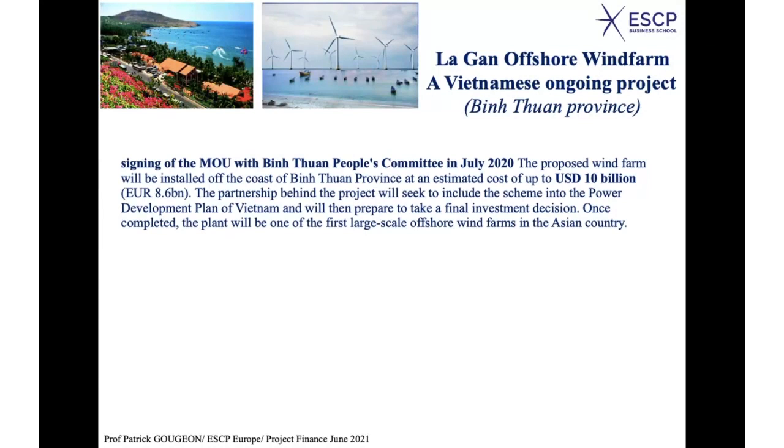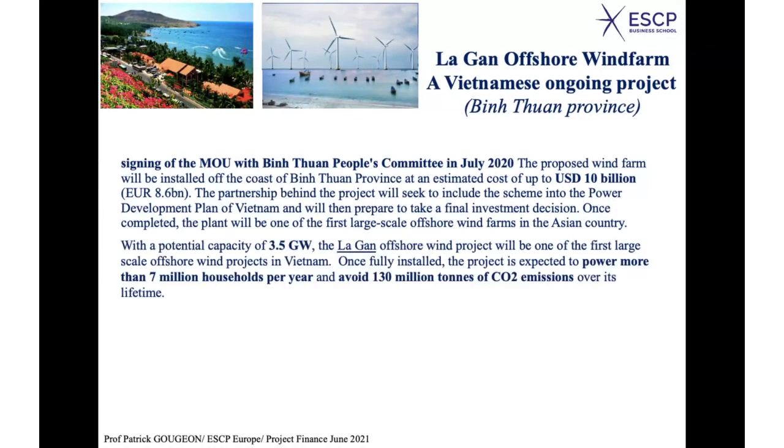Okay, so here you have some detail. The potential capacity should be 3.5 gigawatt. Once fully installed, the project is expected to power more than 7 million households per year.